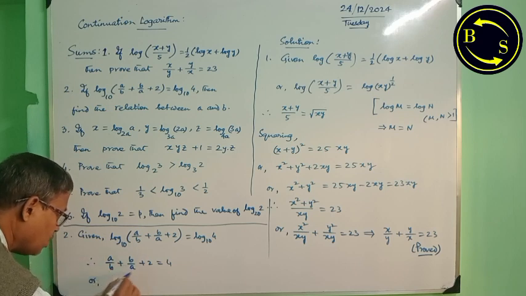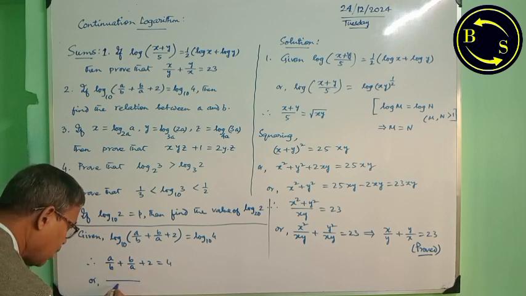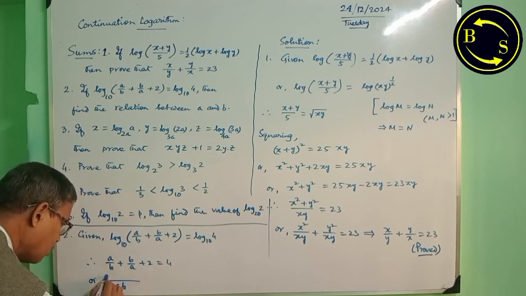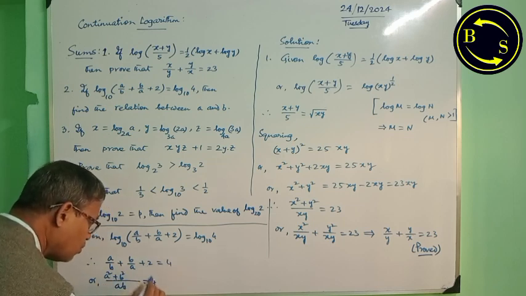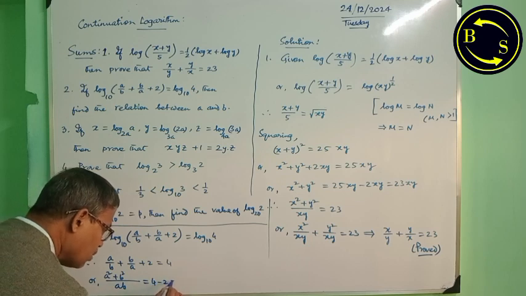Now I simplify this part. (a square plus b square) by ab is equal to 4 minus 2, that means 2.